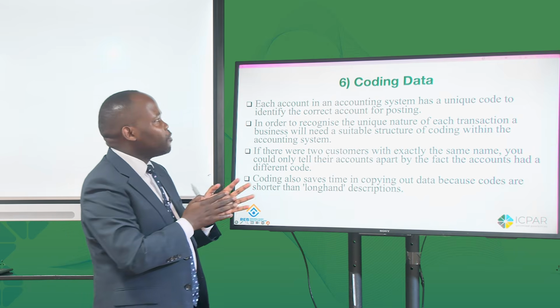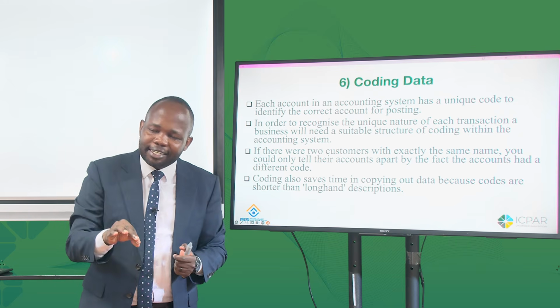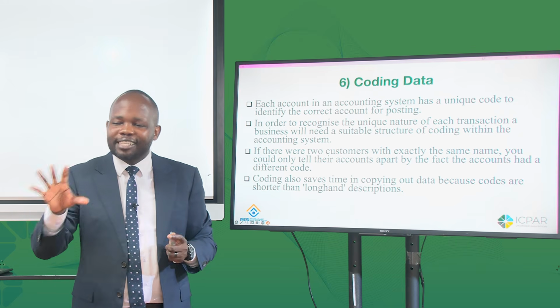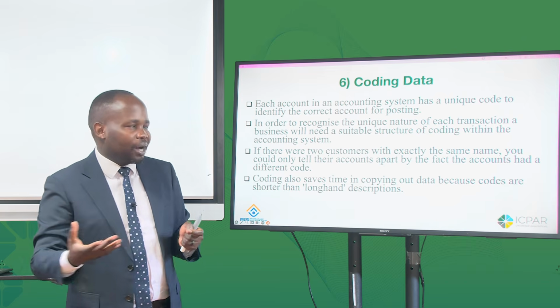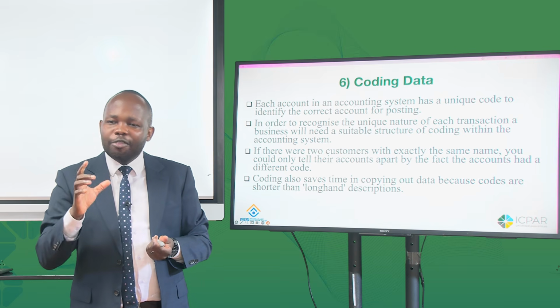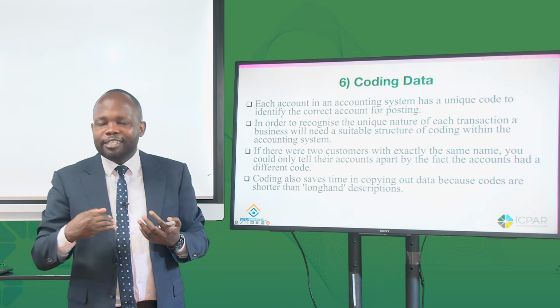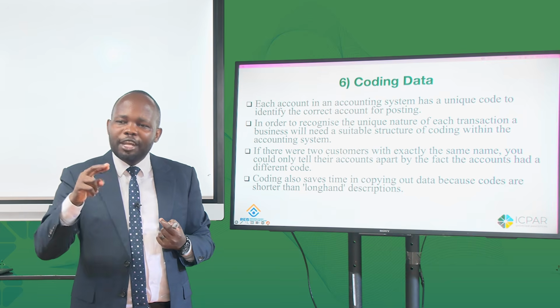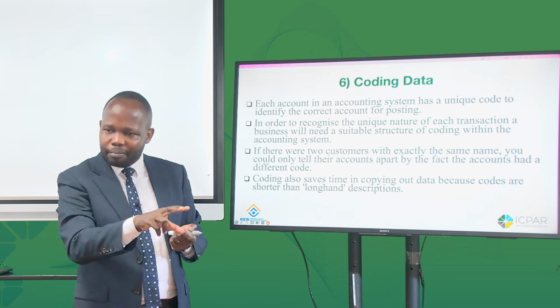Finally, we have what we call coding. All information collected must be recorded somewhere, either in hard copy or in soft. But in today's business, we record them in soft. Now, these transactions can be very many. For example, we can have two different customers who have the same name.